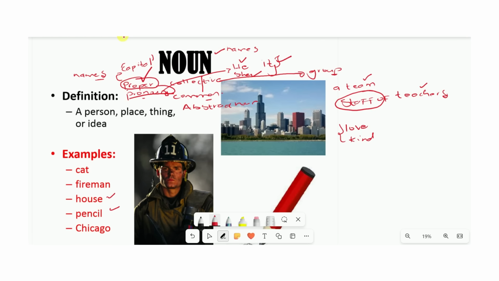Is it used to represent a group? Then you know that it's a collective. Is it naming everyday things that we may talk about, like a fence, a house, a desk, a pen? Those are common nouns. Is it naming things that are not tangible, something that you cannot see or touch but can feel, which mostly are emotive words? Then you would know that these are what? Abstract nouns. So nouns actually refer to what?